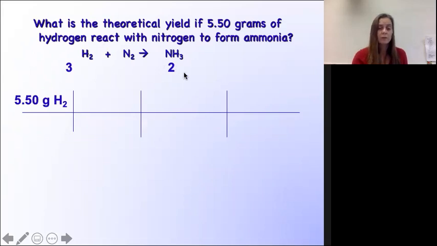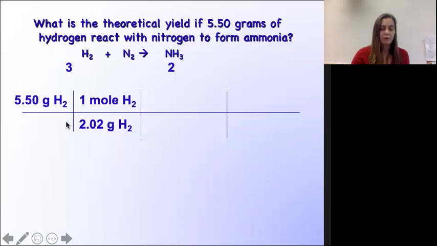Whenever we're doing a stoichiometry problem and it's a percent yield problem, we know that we're calculating our product. So we're going to begin with the given, and we are going to change the given into moles. We're going to use the molar mass of hydrogen to convert to moles of hydrogen. Then we're going to use our molar ratio to determine the moles of unknown.